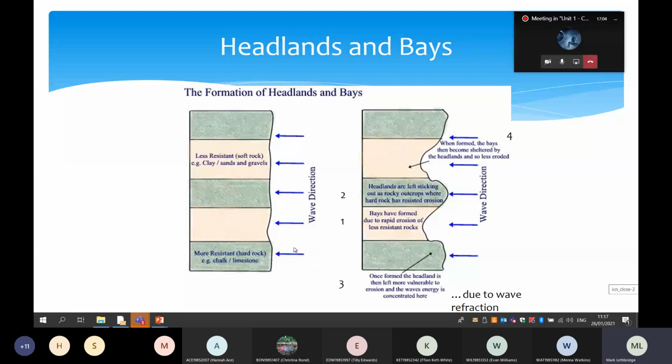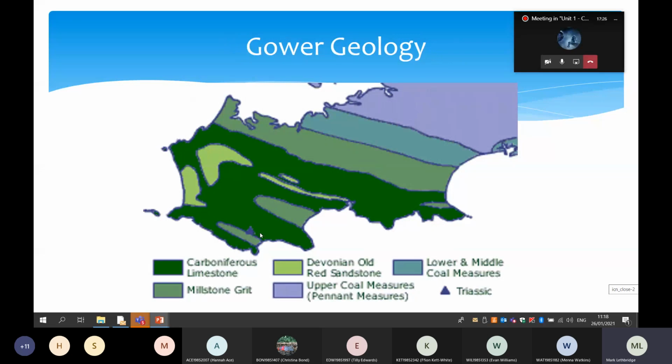Now, in terms of the Gower, we know that that more resistant rock will be our Carboniferous limestone. That is the big, hard rock which creates a lot of headlands. Wherever we saw the bays on that last image, if we flip back to it a second, wherever we had the bays was dominantly that idea of Millstone Grit.